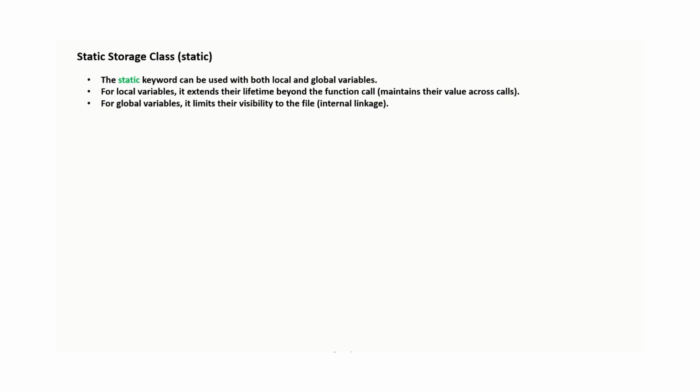The static keyword is incredibly versatile. For local variables, it retains their value across multiple function calls, extending their lifetime beyond the function's execution. For global variables, it restricts their visibility to the file, ensuring better encapsulation. Here is the syntax of static variable.